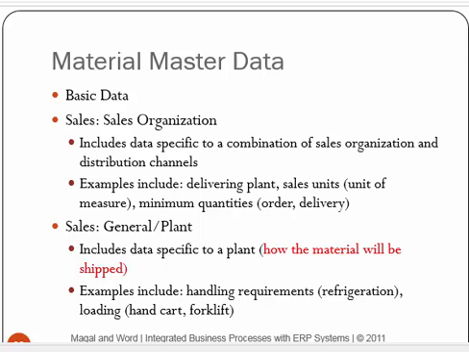You also have to specify how the material will be shipped. Some material, because of size, cannot be shipped by air. Has to be shipped either by boat or by land.